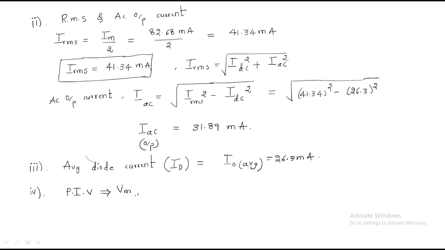And the last point is the ripple frequency. Ripple frequency is simple. When we draw the output wave and input wave, this is the input voltage waveform, and the output voltage waveform is like this.